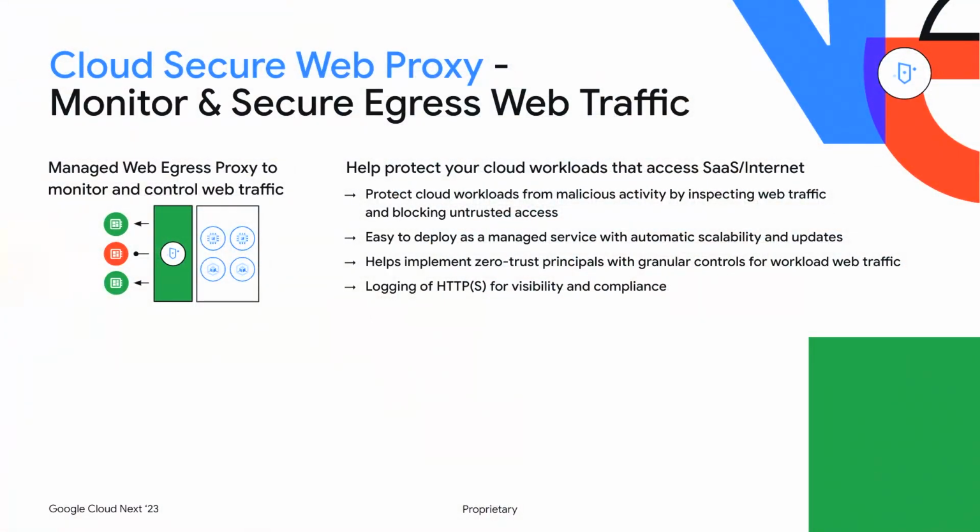It inspects the web traffic, and then it blocks the untrusted access. And it's easy to deploy because it's a managed service, and it scales because it's a managed service, and it automatically updates as well. So this is very effective if you're implementing a zero trust principle. This could give you granular controls over the web traffic.